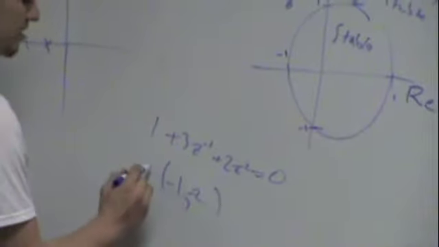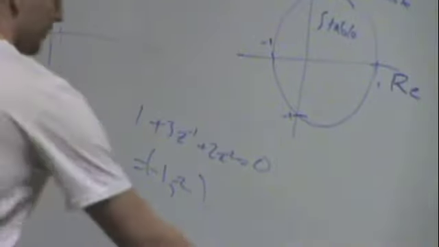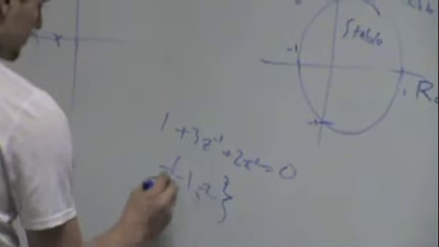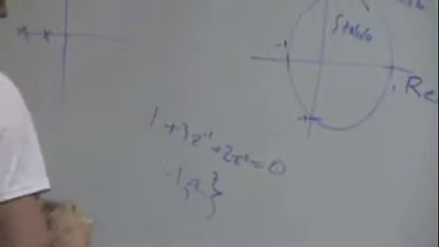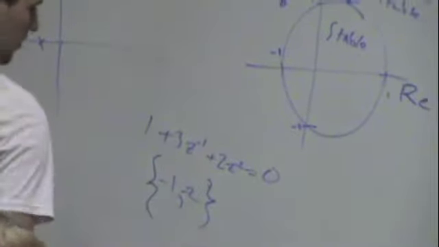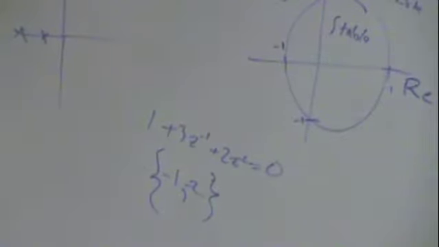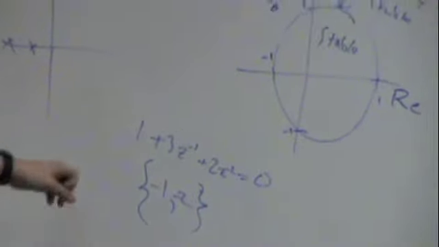You guys remember algebra, so I don't need to tell you how to do that. That's not how you represent it, though. You use these brackets, because it's a data set, not a point. The imaginary portion of these poles is obviously 0, but we're not going to talk about that.